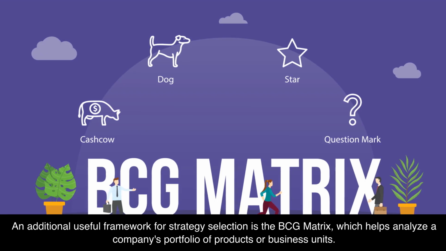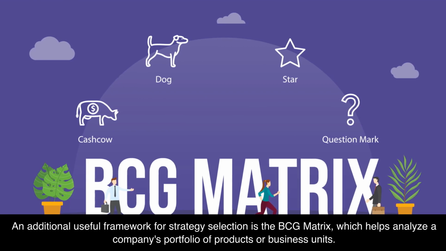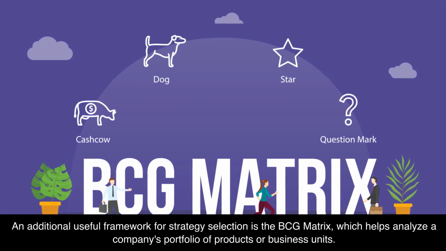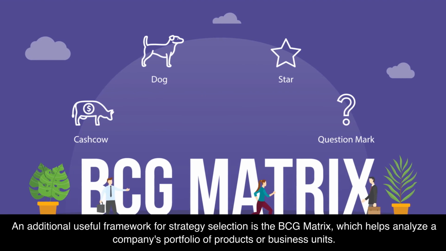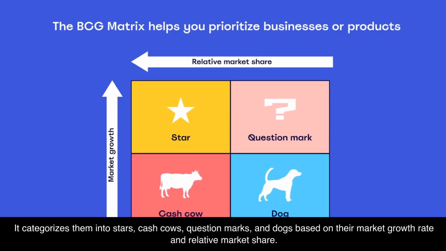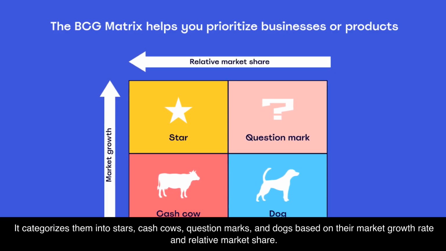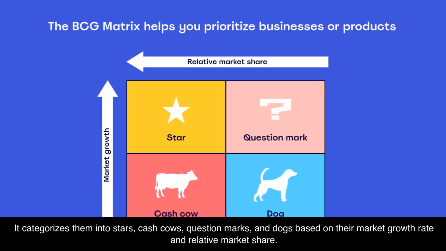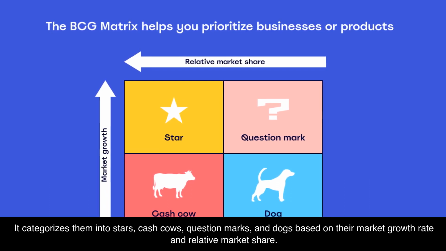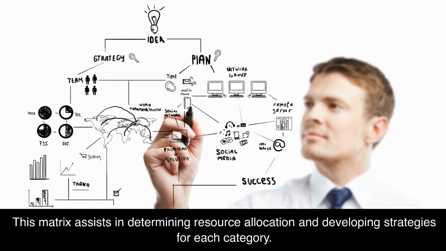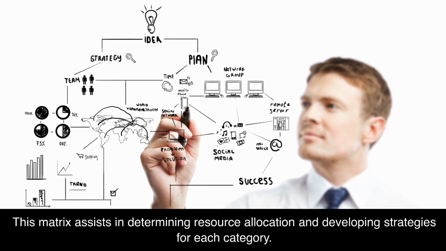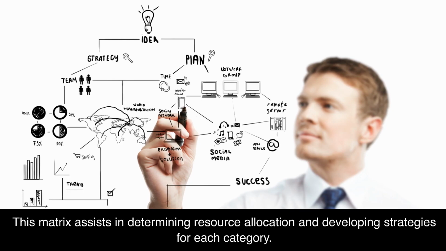An additional useful framework for strategy selection is the BCG matrix, which helps analyze a company's portfolio of products or business units. It categorizes them into stars, cash cows, question marks, and dogs based on their market growth rate and relative market share. This matrix assists in determining resource allocation and developing strategies for each category.